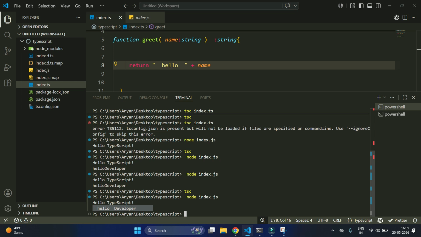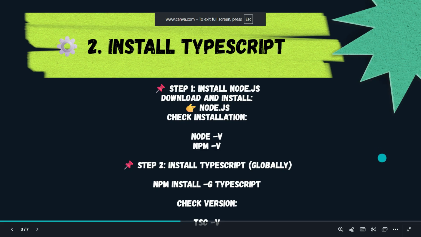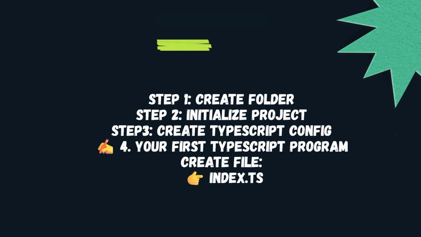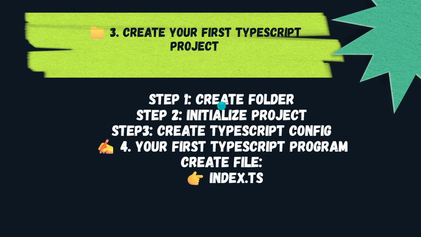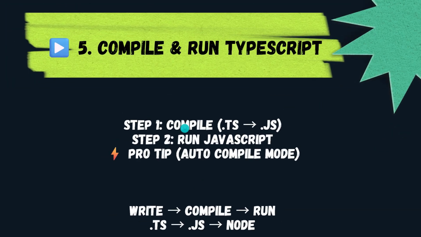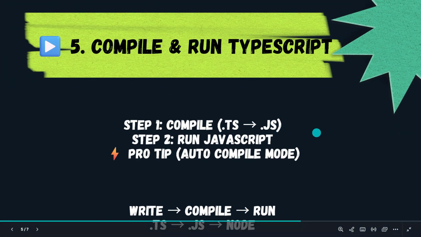So you see the final flow, how it works. First you write, then compile the ts file and convert it into a js file, then run it with node. Let me check how it works here. Okay, we have already done this. Create your first TypeScript project: create folders, initialize the project, create the TypeScript configuration file, then write your first TypeScript program in index.ts, then compile the .ts files to .js files, and compile and run the TypeScript.